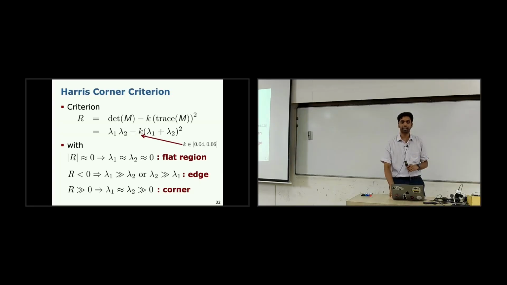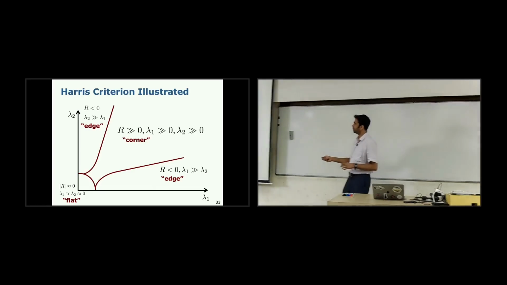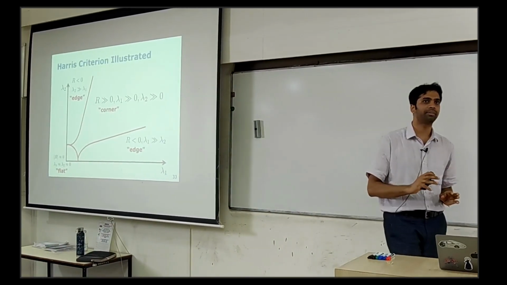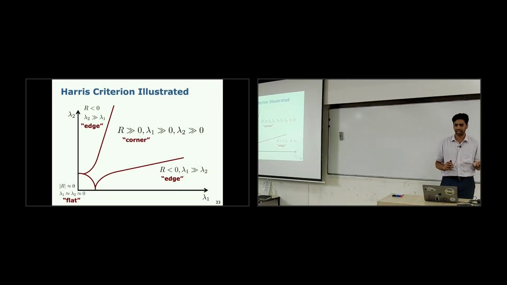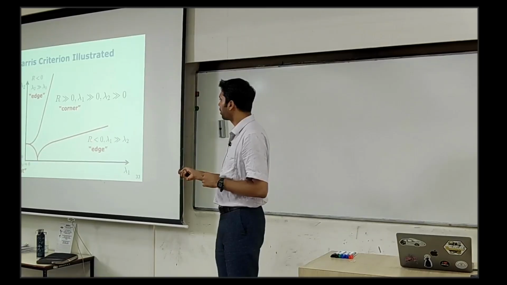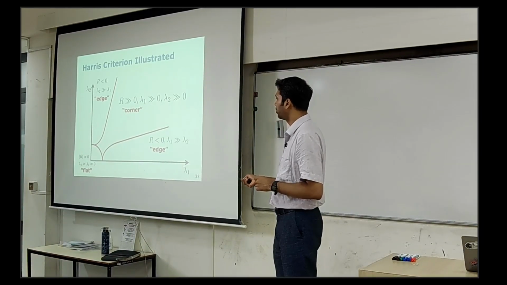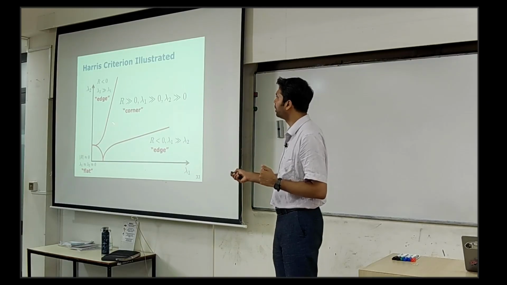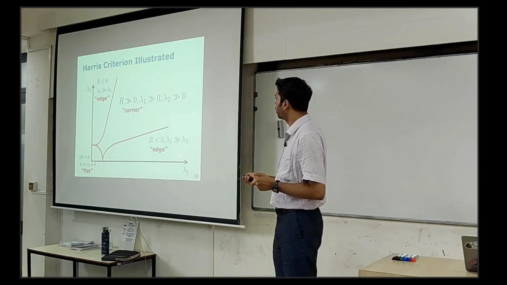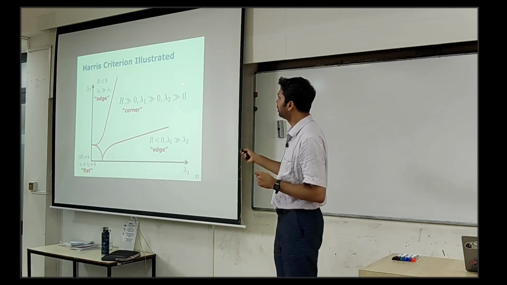If you plot this criteria in a graph, you will end up with something like this. What this slide shows is exactly the same thing as what we saw in the previous slide, but plotted graphically. On the x-axis, you have lambda 1, the first eigenvalue. On the y-axis, you have lambda 2, the second eigenvalue. If both eigenvalues are large, you are in this nice region, it's a corner.